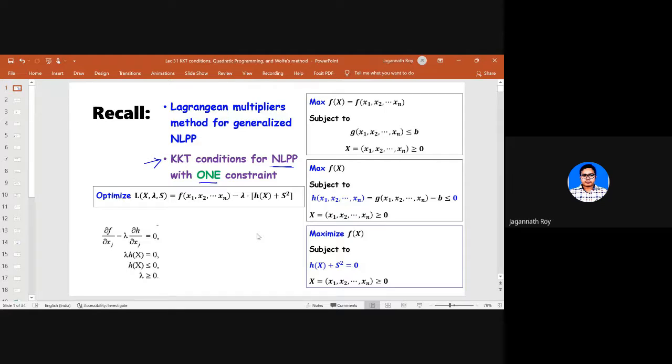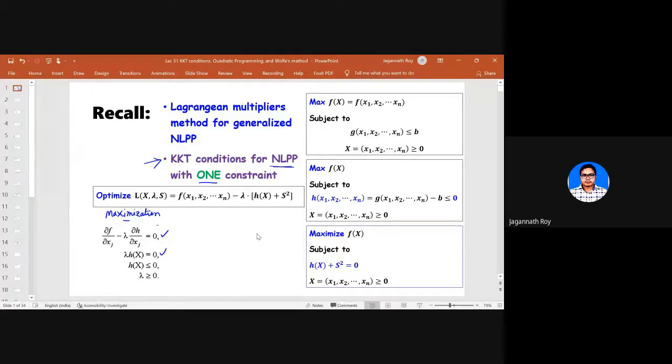For a maximization type problem, we have seen that the Karush-Kuhn-Tucker conditions, which are necessary conditions, are this.